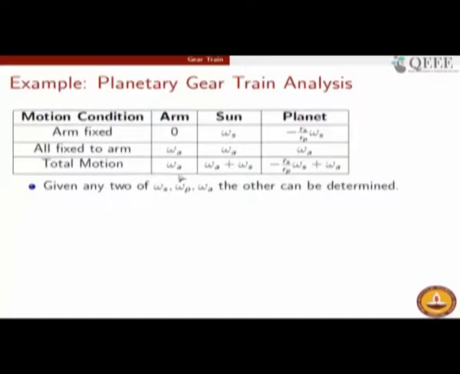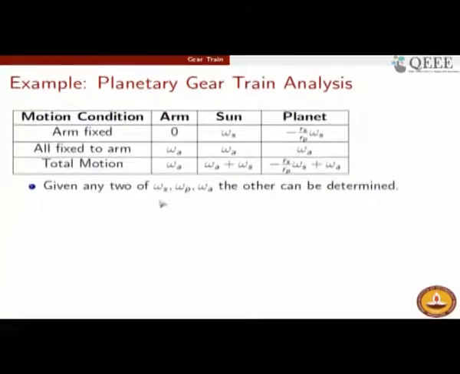But understand that omega a is the arm motion. Omega s is not the motion of the sun as observed from the inertial frame. The motion of the sun as observed from the inertial frame is going to be omega s plus omega a, right?